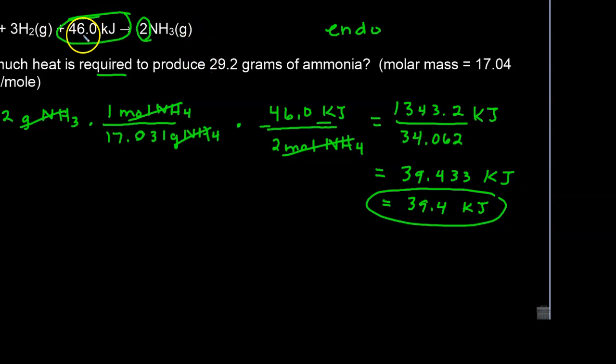And guys, if you just think about this, it takes 46 kilojoules for 2 moles of it. 2 moles is, let's just do a rough estimate, 34 grams of ammonia, but I only had 29 grams to start with. So the 29 grams that I needed to produce is less than the 34. Therefore, my energy is less than the 46, and it was. So again, think about whether your answer makes sense or not.